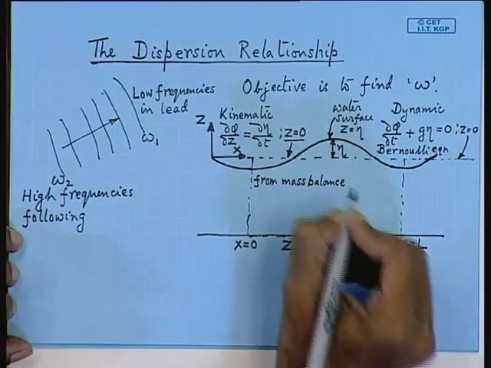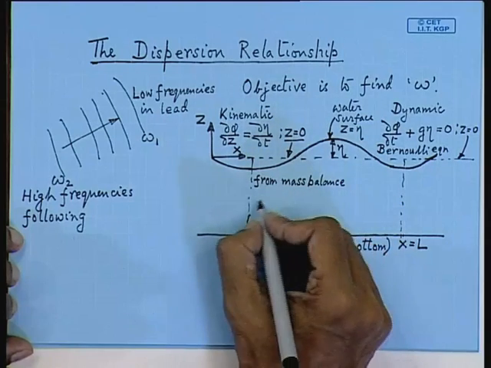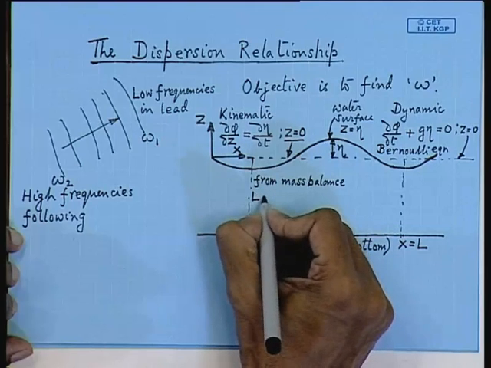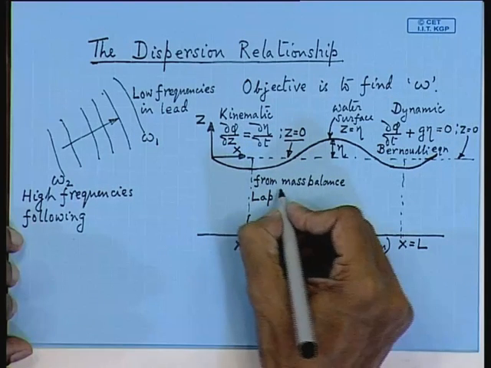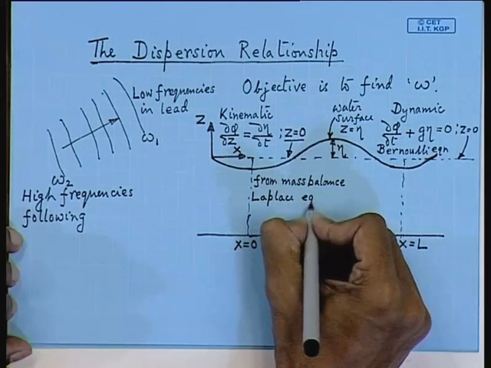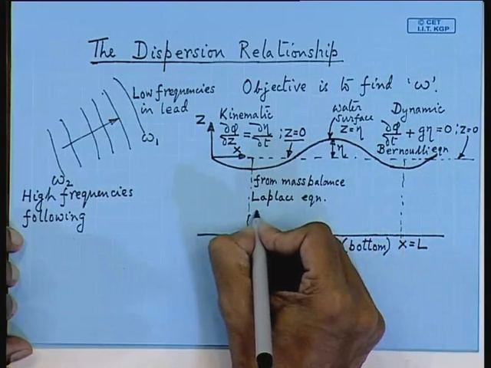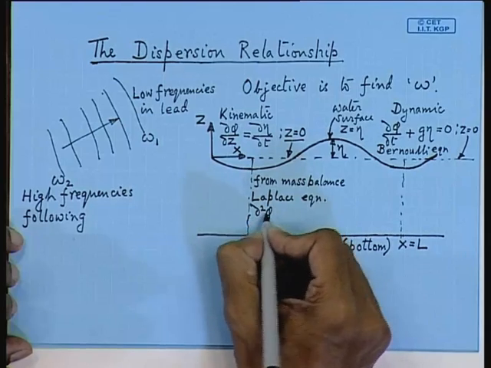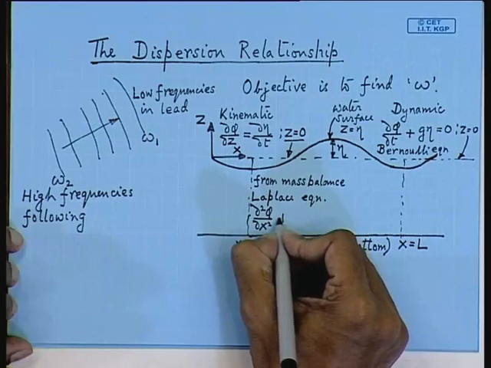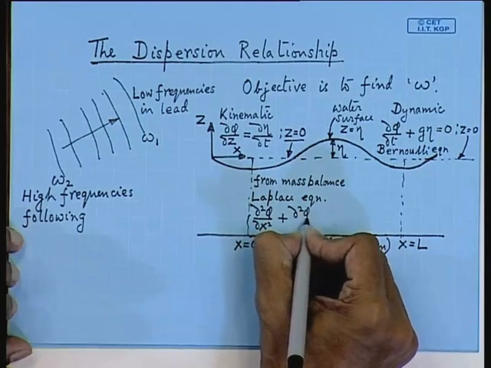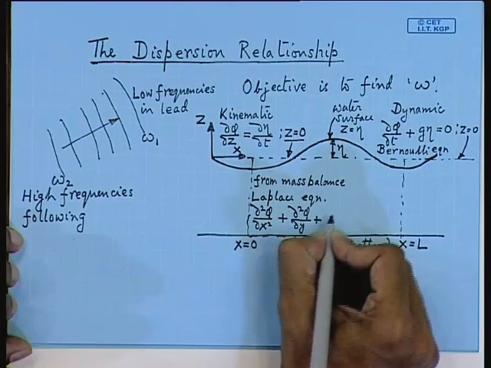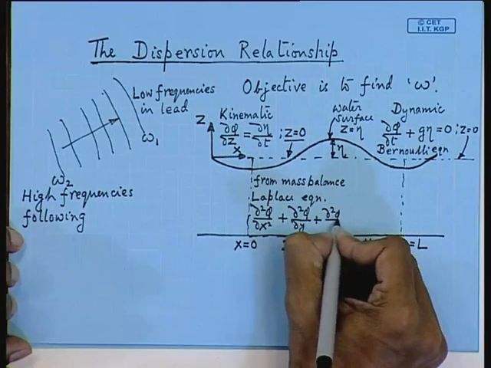So, what we have got from mass balance? That is the equation of continuity. From the equation of continuity, last class we have got the Laplace equation, that is del square phi over del x square plus del square phi over del y square plus del square phi over del z square is equal to what?